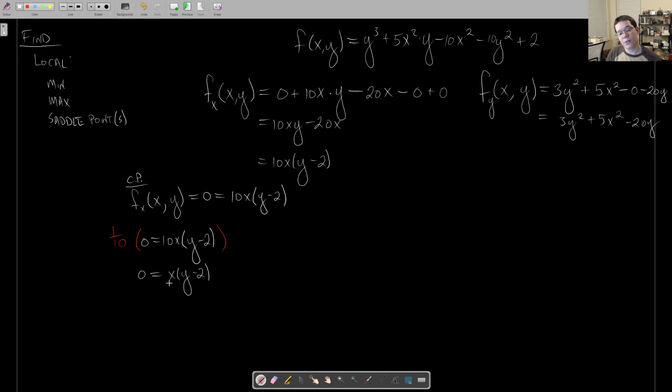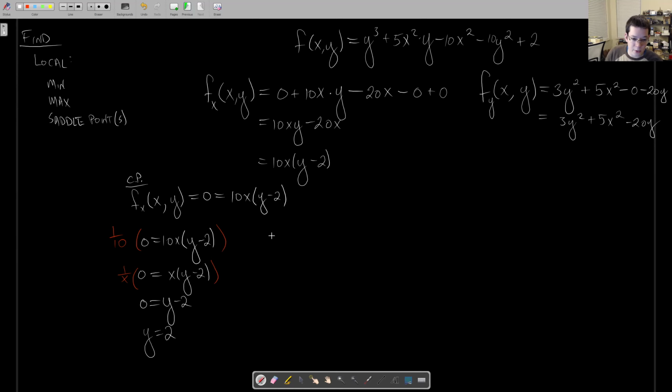Well, temporarily going to let x not equal 0, so I'm going to divide by x. Zero divided by x is 0, because we're stipulating that x isn't 0. 0 equals y minus 2. Y equal to 2 will make this 0. So if I plug in a 2 for y, then I get 2 minus 2 is 0. 10x times 0 is 0. So that's a critical point. So we need to remember this one.